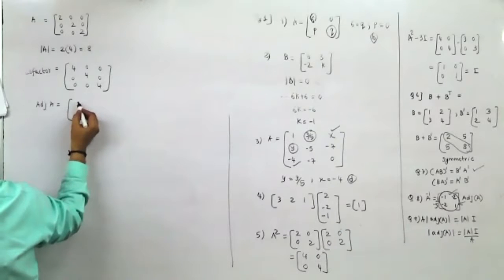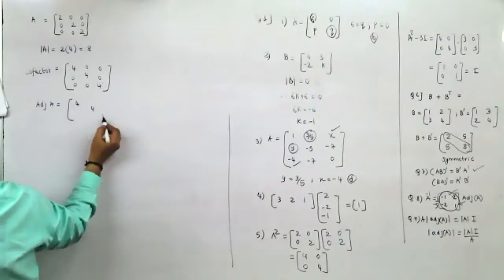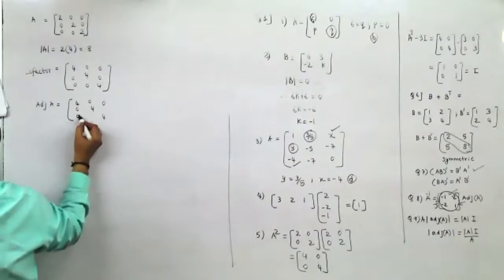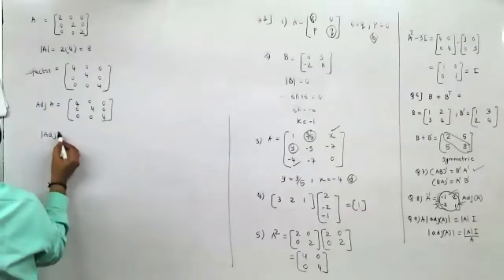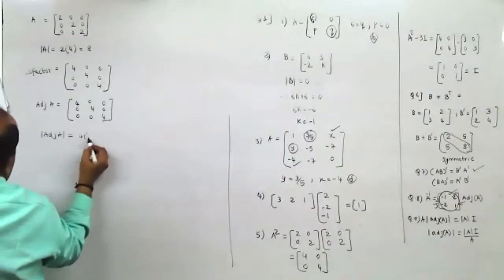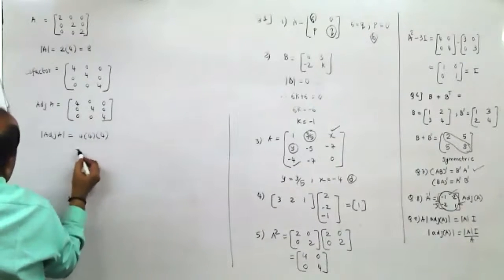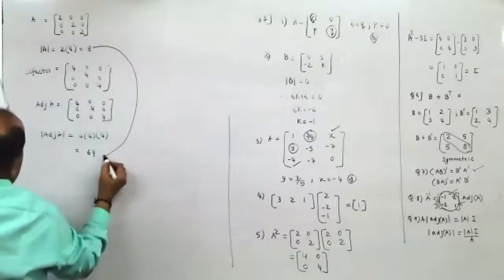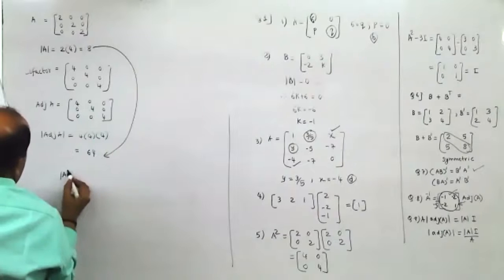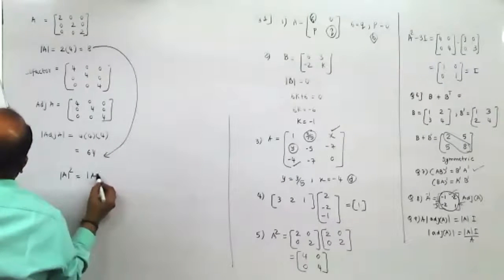So cofactor and adjoint are the same. Therefore, determinant value of adjoint, if you observe, is 4 into 4 into 4, or it is 4 cube, it is 64. That is square of this. So determinant value of adjoint of A is determinant value of A square.